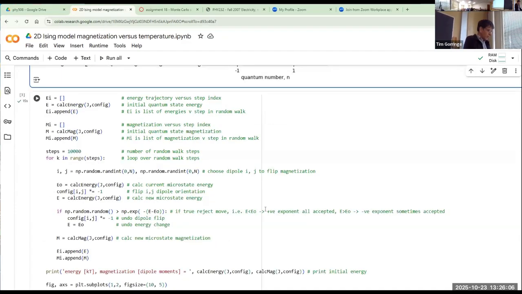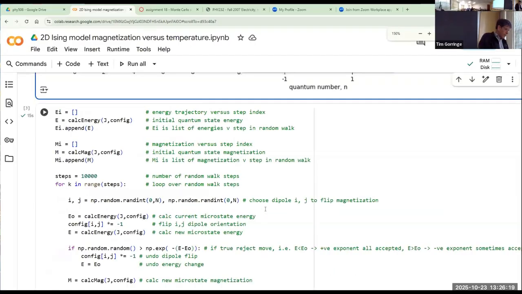Okay. So now here's the code. I think I'm showing you all the important bit of the code where we're going to take the Markov chain random walk through the microstates.